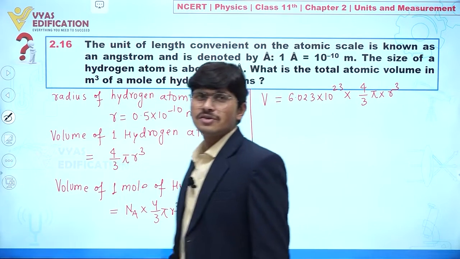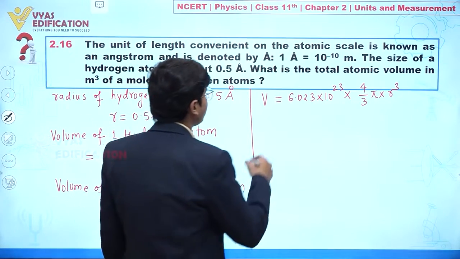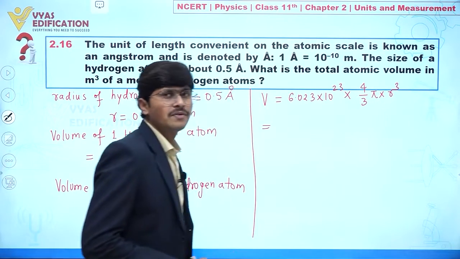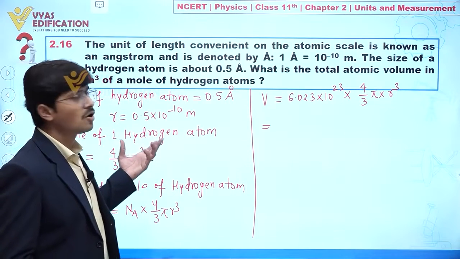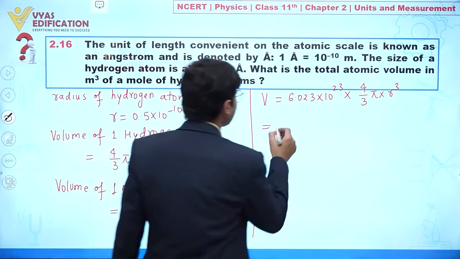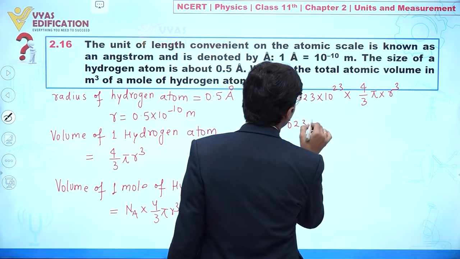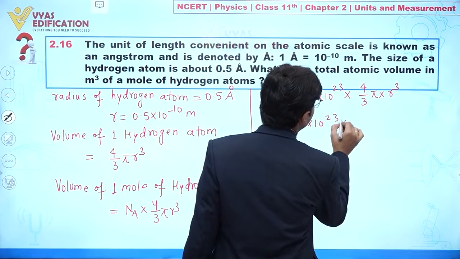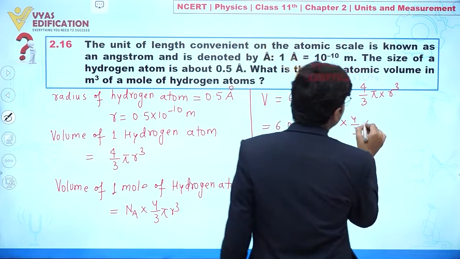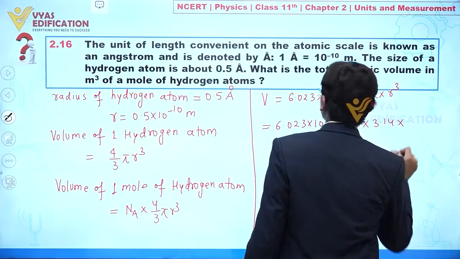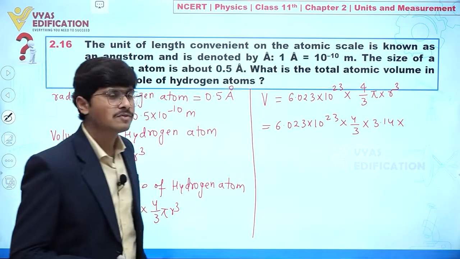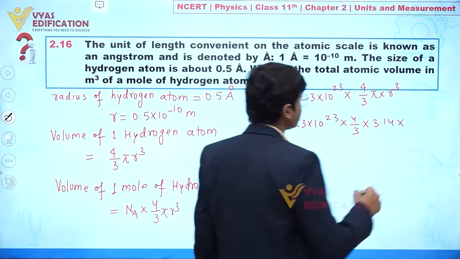Now we have to put in all the values and calculate the volume of 1 mole of hydrogen atoms. So we write 6.023 into 10 to the power 23 multiplied by 4 by 3 multiplied by 3.14 into the radius 0.5 into 10 to the power minus 10, cubed.